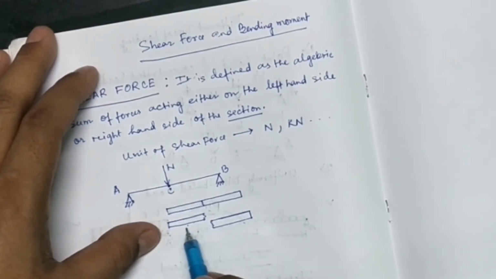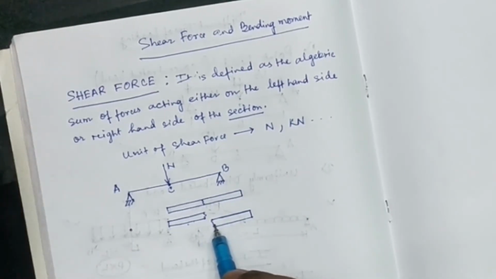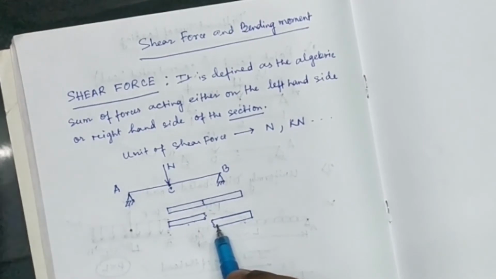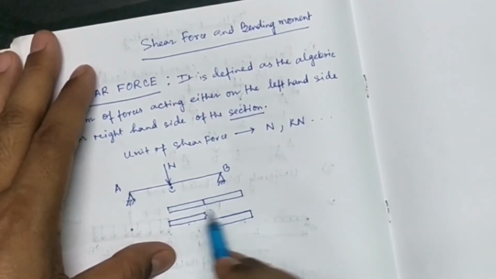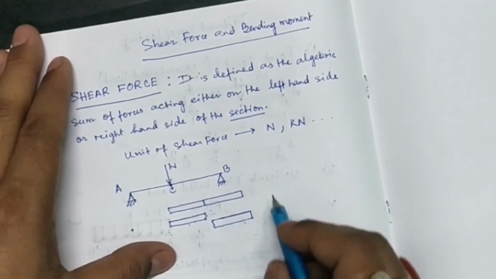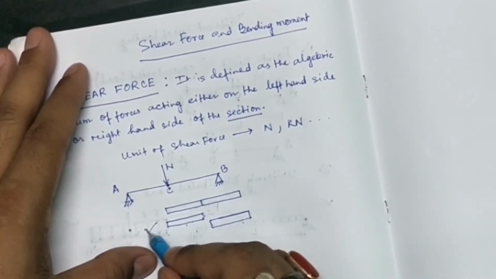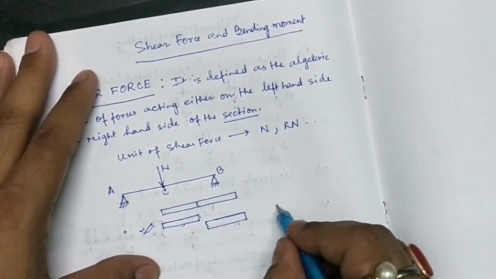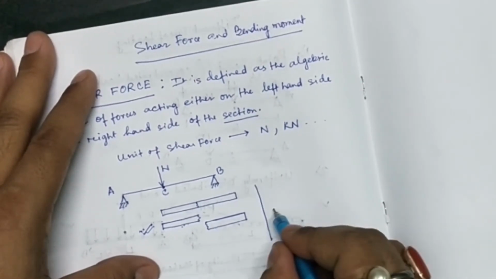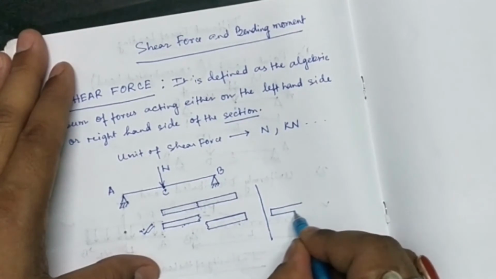This shearing action is due to the application of an external force which we consider to be the shear force. This shearing action can divide the beam in this particular example, or it can also break or shear the beam like this.